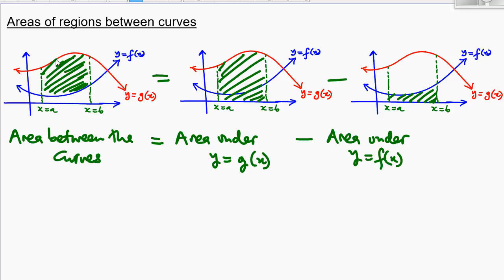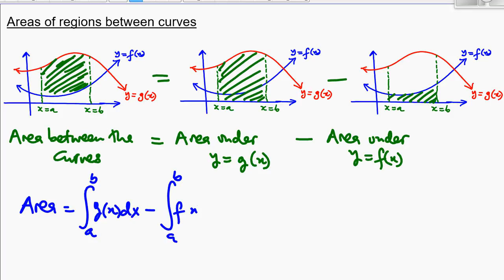So we are saying that the area A will be equal to the integral from a to b of g of x with respect to x minus the integral from a to b of f of x with respect to x.